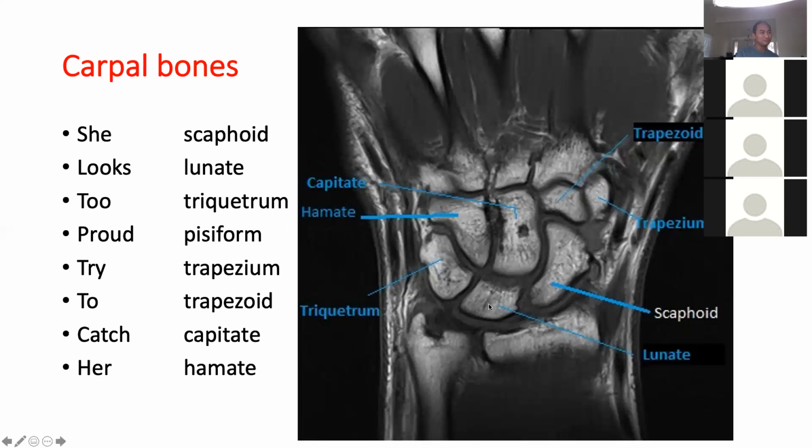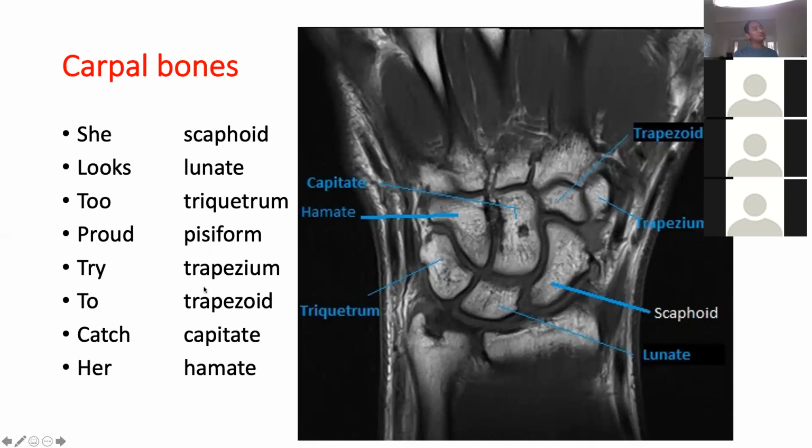She looks too, triquetrum. This name is a little bit difficult to remember. I always forget. Triquetrum. Proud, pisiform. Its name is pisiform, a small little bone, which we cannot see in this section, which will be somewhere around here. So the first rule is she looks too proud.